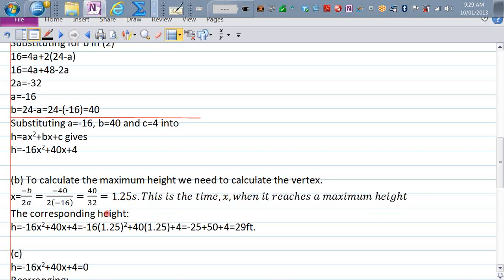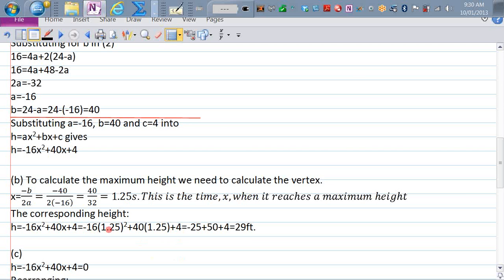So the corresponding height at 1.25 seconds you get by putting 1.25 into the equation that we got here. So we put minus 16 times 1.25 squared, plus 40 times 1.25, plus 4.